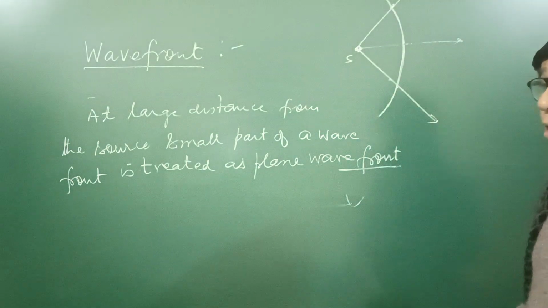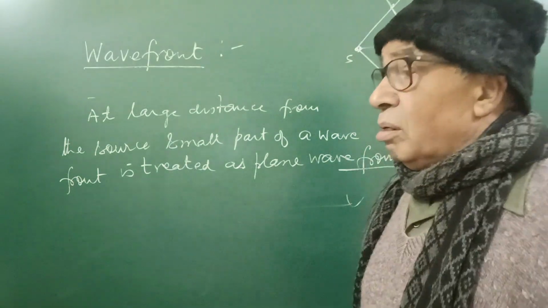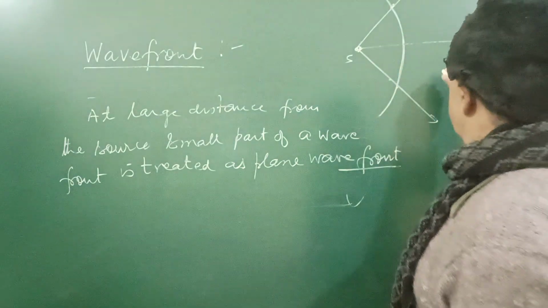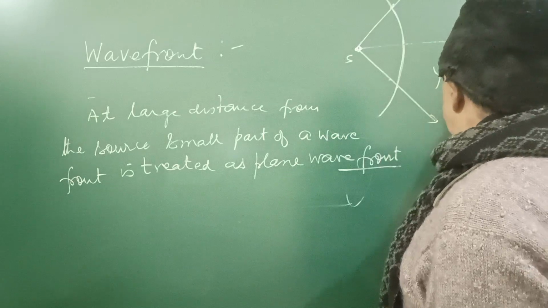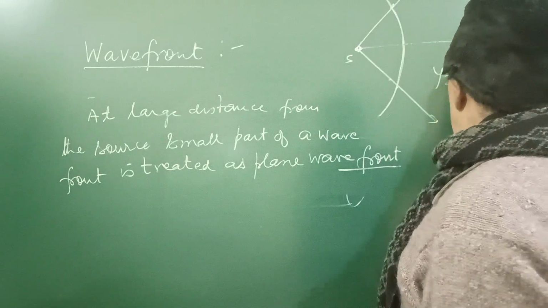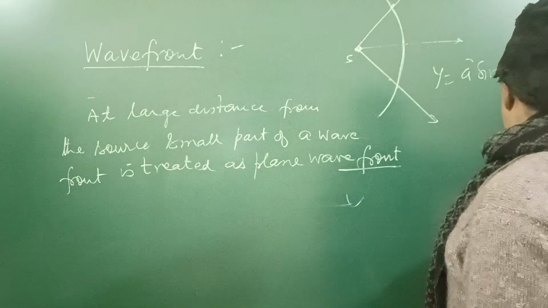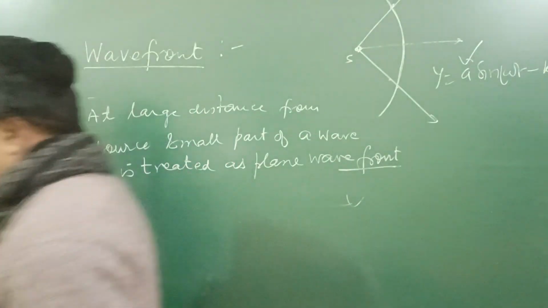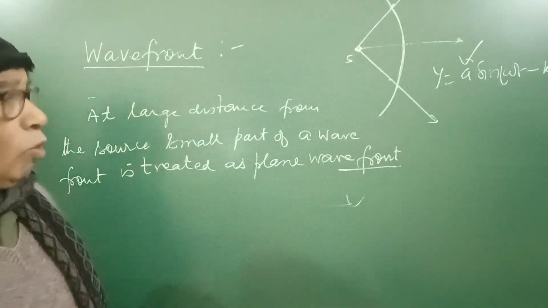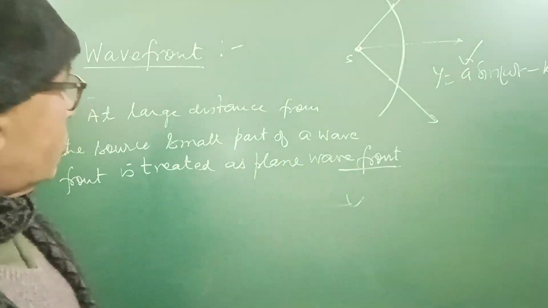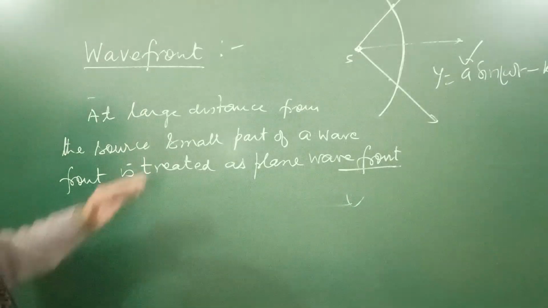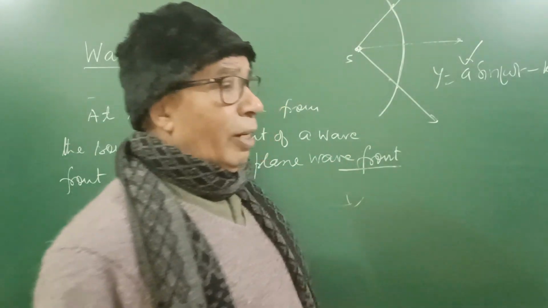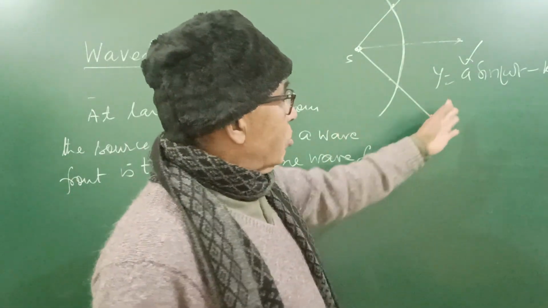To understand how much is the amplitude of vibration, I told you y equals a sin omega t, we wrote that, or we can write the full thing with minus kx also. So how much is the amplitude of a sound wave, the amplitude of any wave, that will be understood by knowing all these things distance wise. There are different terms.